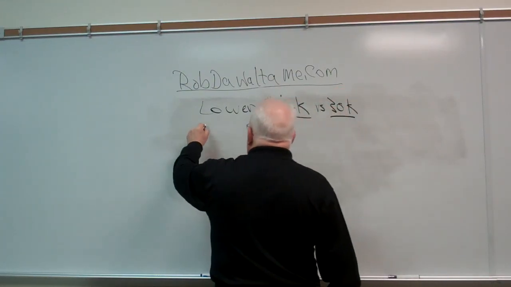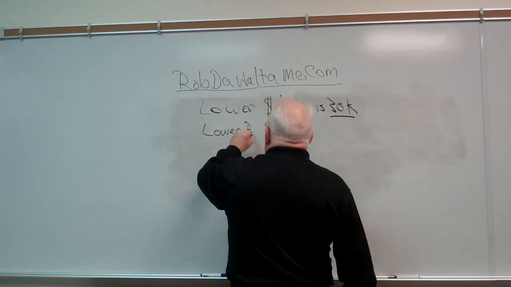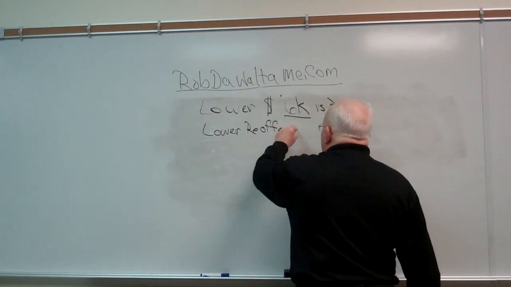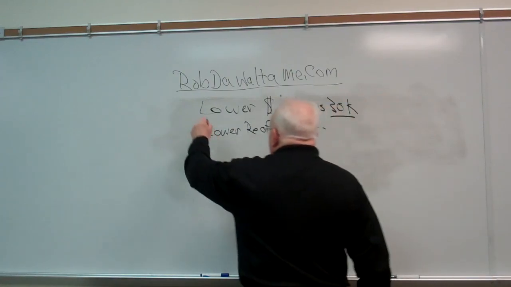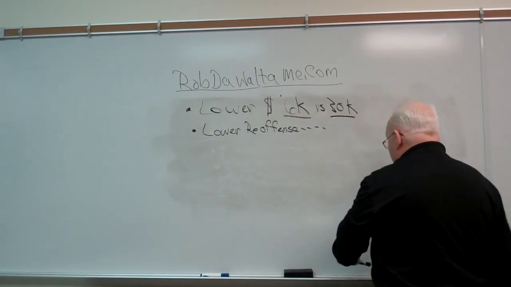And then we also lower reoffending, so you can lower criminals getting back into trouble for crime. So those are the two big reasons why rehabilitation does work and it can work.